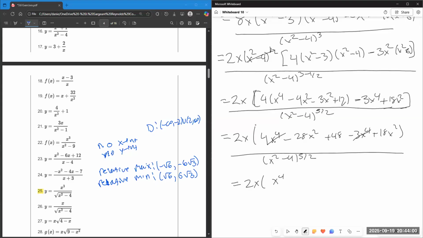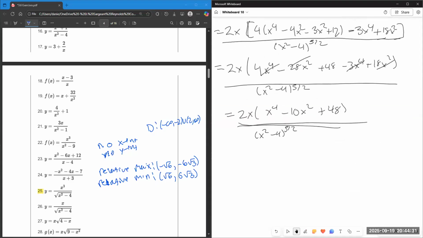Negative 28 plus 18 is minus 10x squared plus 48, and that's over (x squared minus 4) to the 5/2.